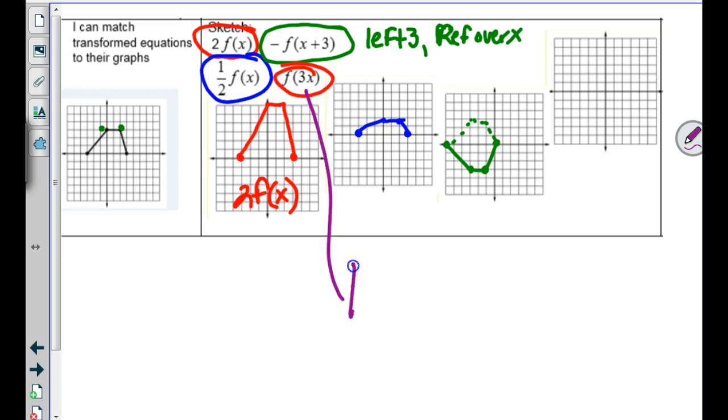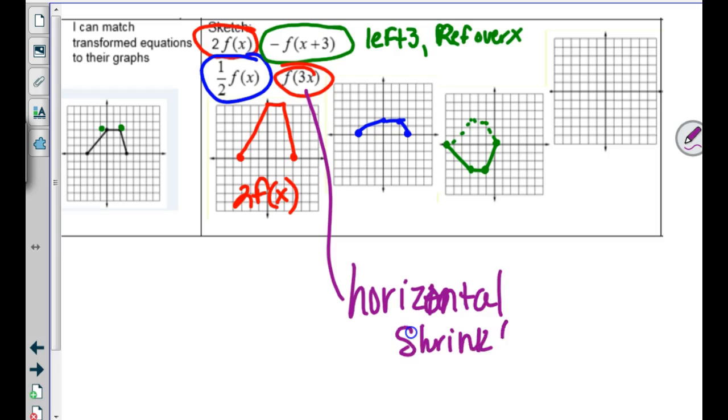This is a horizontal change, so it's changing the x-axis values, horizontal, but it's not a stretch, it's a shrink. By what? 1/3. So instead of going all the way over to -3, it only now goes to -1. Instead of going all the way over to +3 here, it only goes to +1.